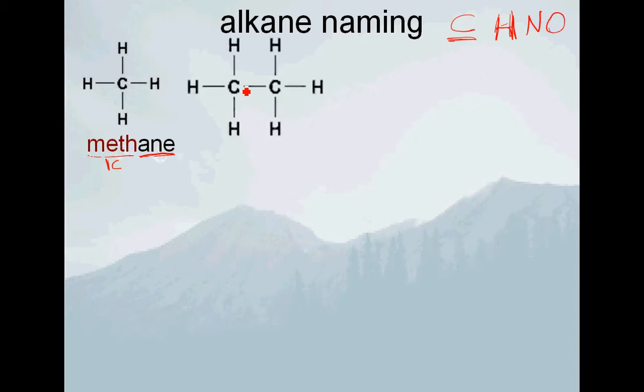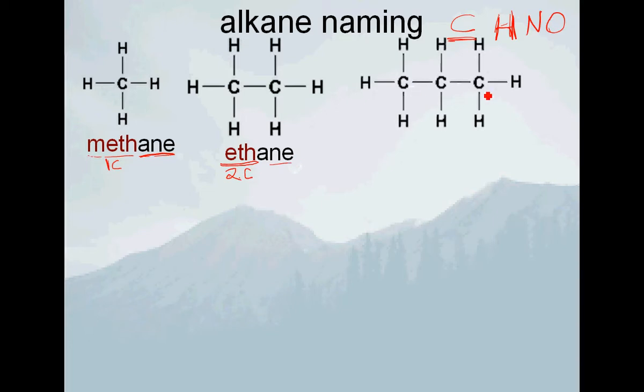If we have 2 carbons bonded together and everything else single bonded to hydrogens, the name of this compound is actually called ethane, because the letters ETH mean there are 2 carbons. And the ANE means an alkane.